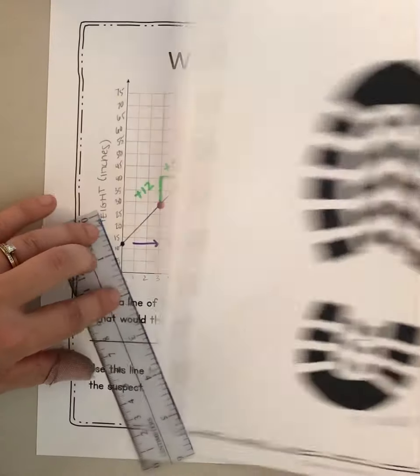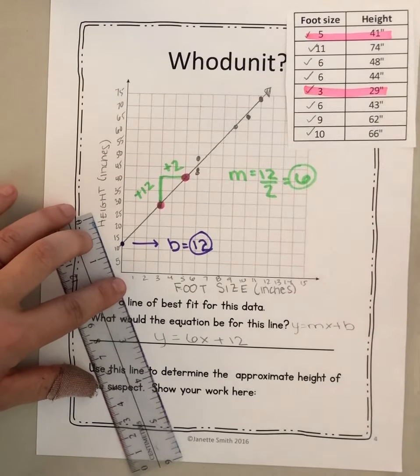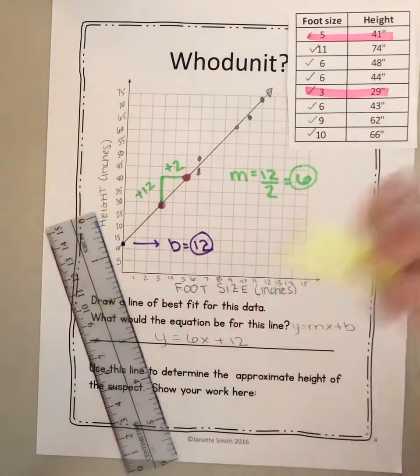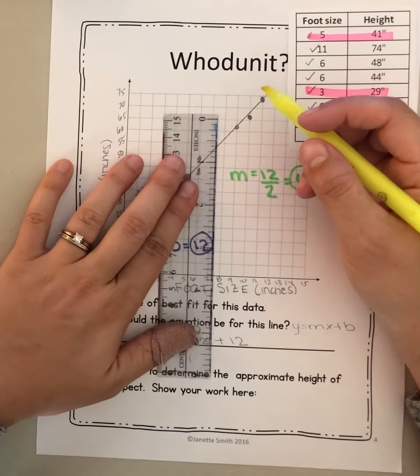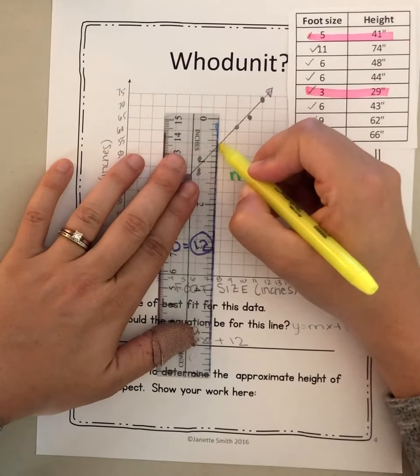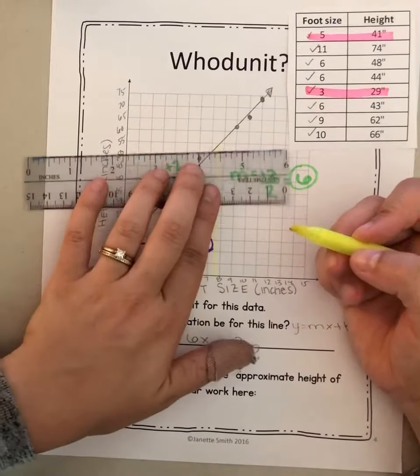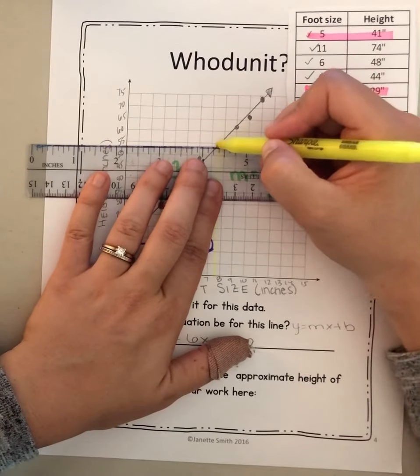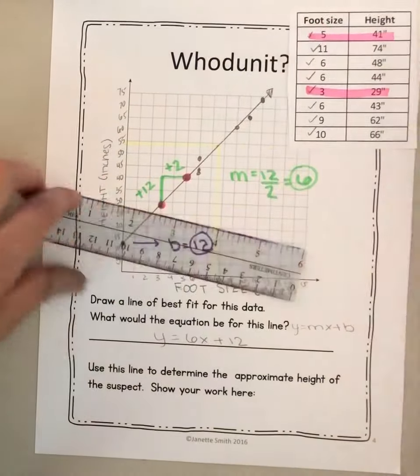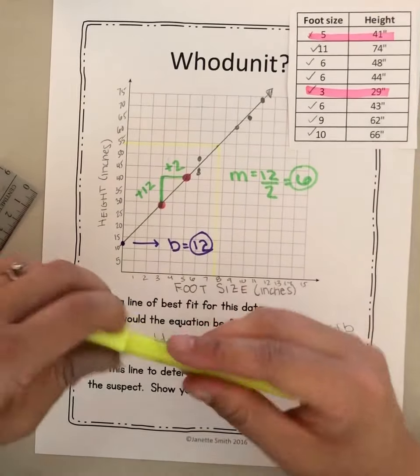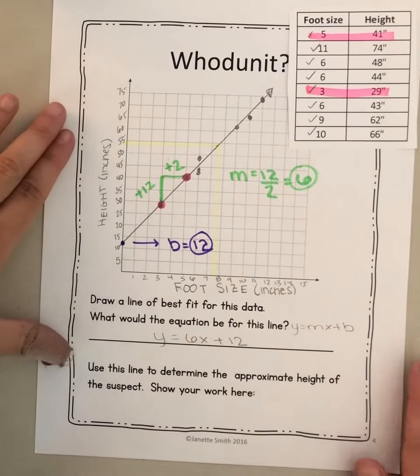So what that means is back over here, I can estimate what that means for us. I can go about 7.5, follow it up, find where it crosses, and I can say, well, it looks like it's about 50, right under 55. So my guess is like 54-ish.